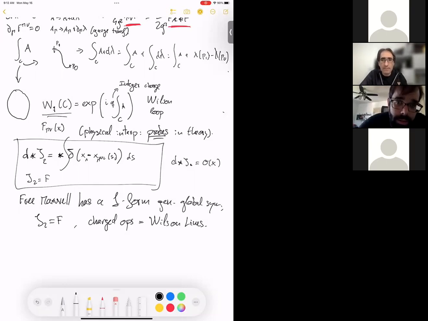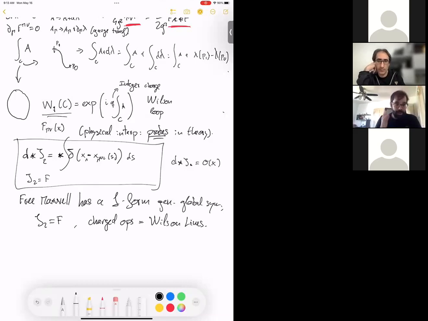Okay. Why do you call this global symmetry? I didn't get the point. This Wilson loop is somehow non-local, but if it's a contractible cycle, this C, then somehow it seems that you can contract it to some point, and somehow it can be local.